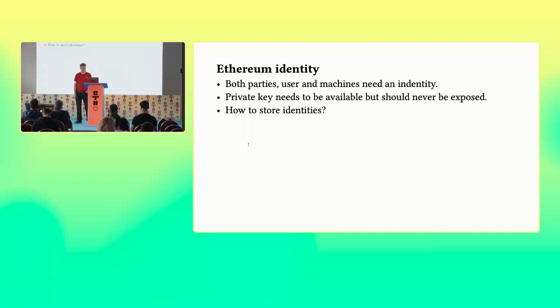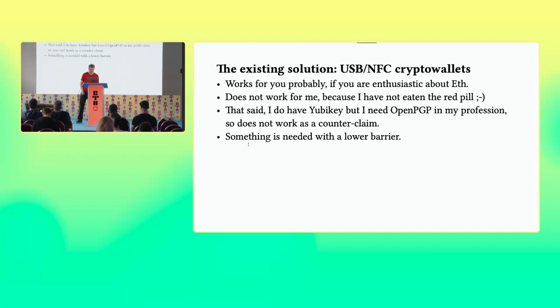So I kind of gave up implementing the PAM module because I thought this is a much more important problem to solve. How do you store the identities? Well, there's this whole market of crypto wallets, and they probably work for you if you are particularly interested in Ethereum. But they don't work for me because I haven't taken the red pill yet.